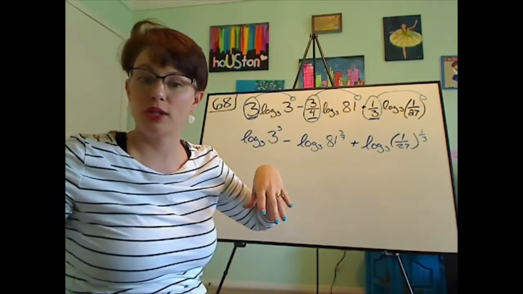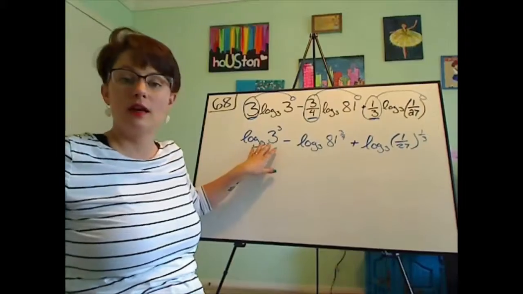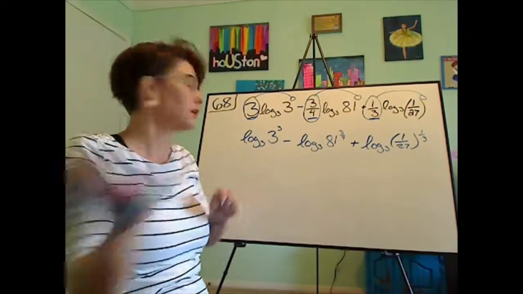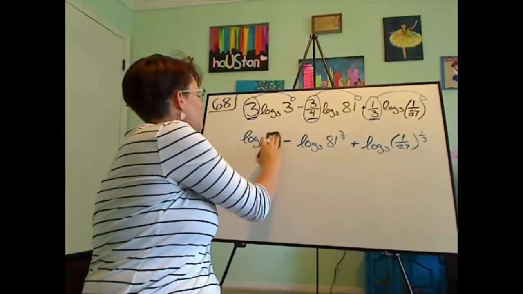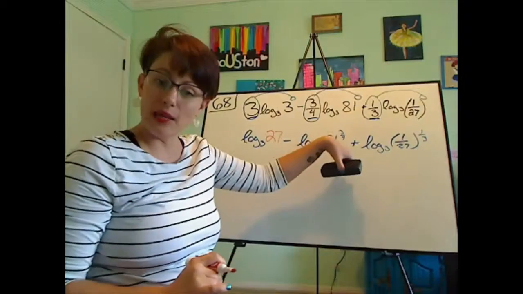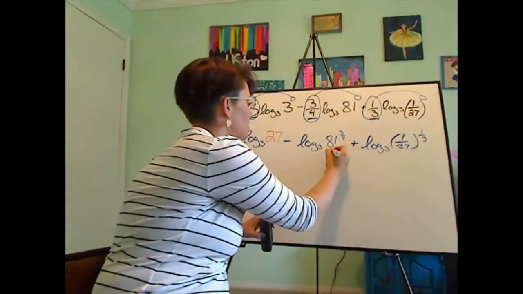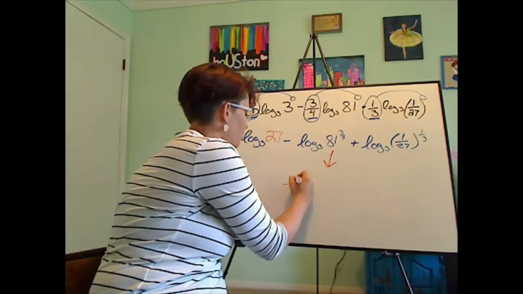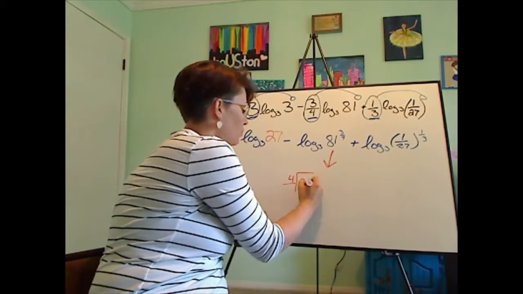So now we're going to raise all the little arguments to their powers. So 3 to the third is 27. 81 to the 3/4. Let's think about it. The way I like to think about it is I like to think about what's the fourth root of 81.